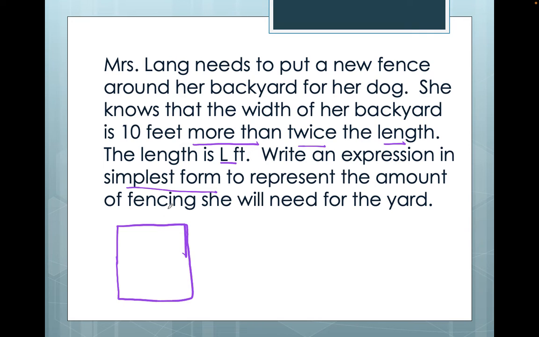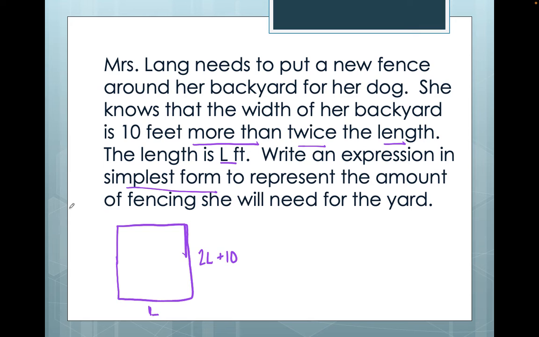If I draw a picture, assuming her yard is a rectangle, L is the length, since that's what they give us, length and width, we assume it's a rectangle or a square. And the width is 10 feet more than twice the length. That's 2L plus 10. The total amount of fencing that she's going to need is the sum of all 4 sides.